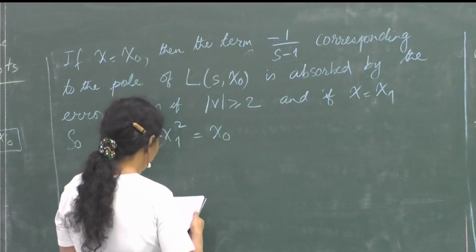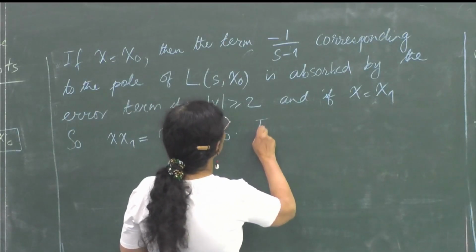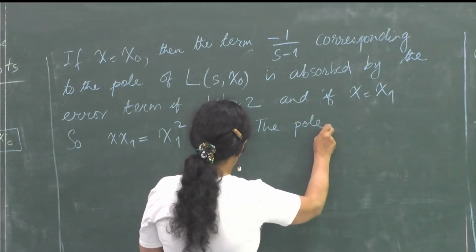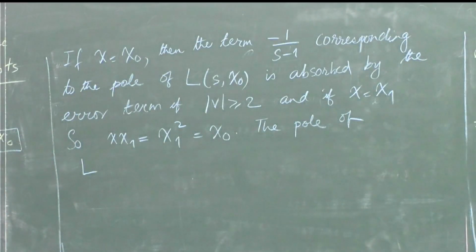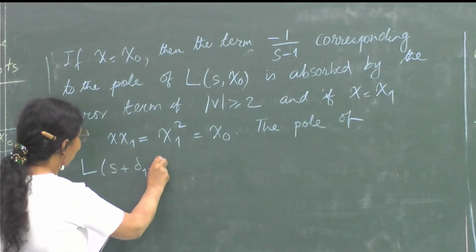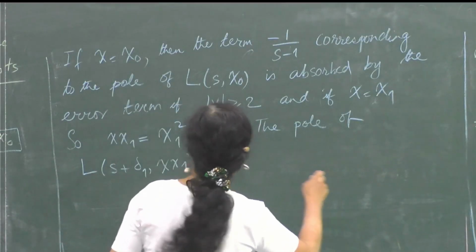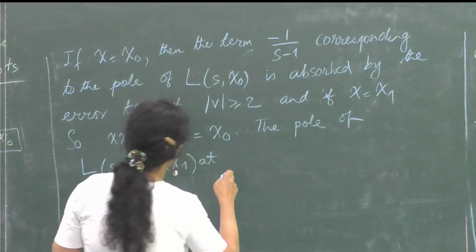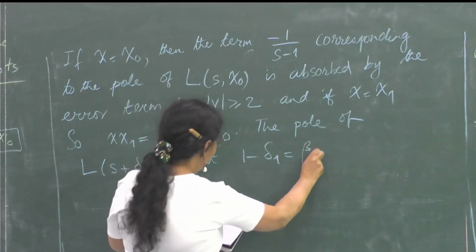So first time you have the pole of L(s, chi0), now you have the pole of L(s, chi1). So that gives you L of s plus delta 1, chi1, at this place, which matters, that is 1 minus sigma 1, which is beta 1.